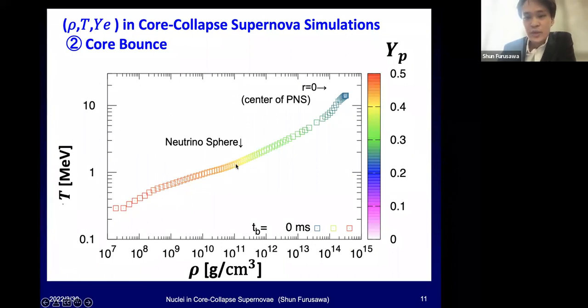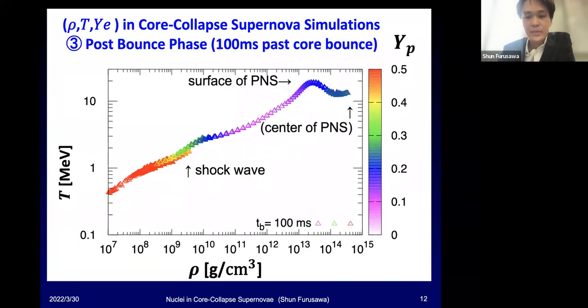Just above the neutrino sphere, huge numbers of neutrinos are emitted, and the charge fraction is greatly changed from iron group nuclei, from about 0.4 to 0.3. This is the profile at core bounce. Inside the neutrino sphere, the charge fraction is not changed greatly.